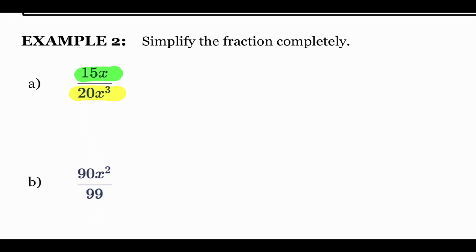Right? Break down 15. We just did that, right? 15 breaks down to 5 times 3. And then this one has an x. So it just times x. 5 times 3 times x. 20 breaks down a little bit more.